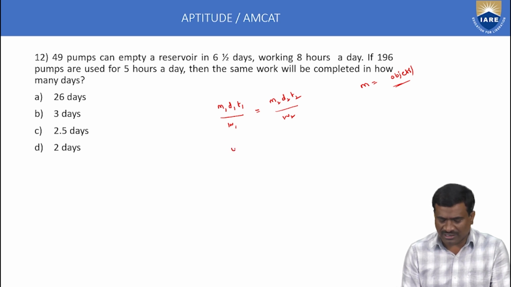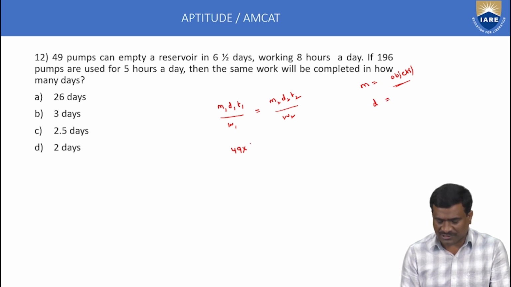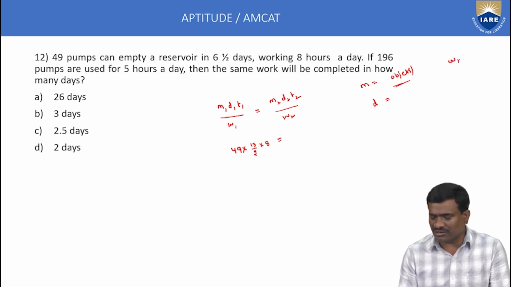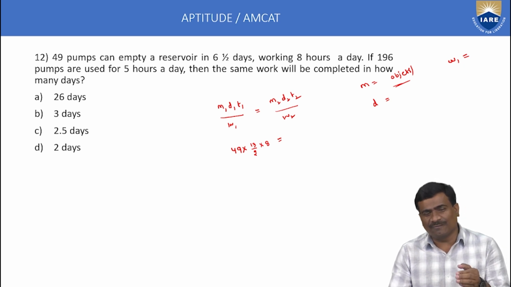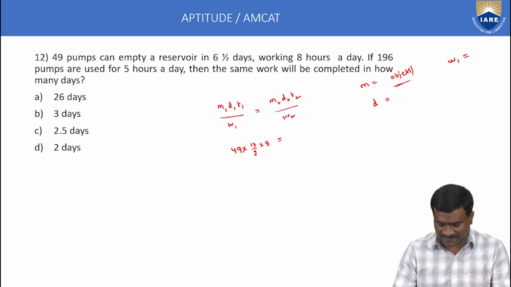Here M1 is 49, D indicates the number of days, 6 into 1 by 2, which means 13 by 2, and time T is 8 hours, is equal to W1. The constant W is the work or total. In this example W1 is equal to W2 is equal to W, so the terms cancel.